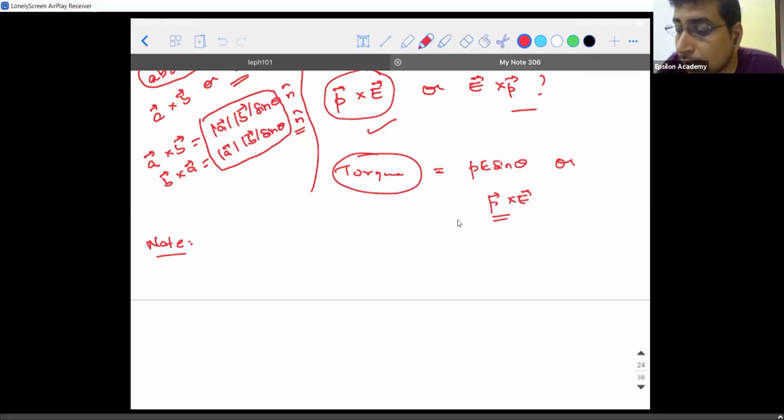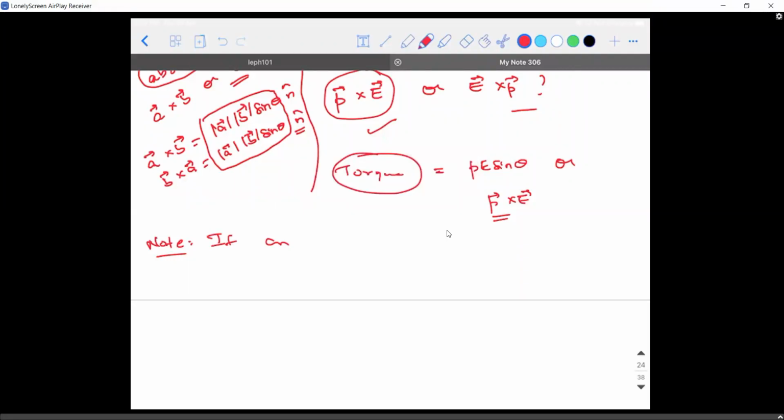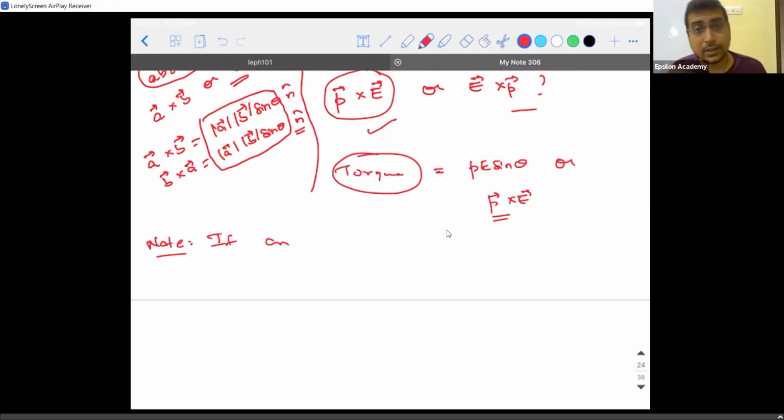Note: if an electric dipole is placed in a non-uniform electric field, what would have happened? It experiences, anybody? Translatory motion. It experiences rotational and translational motion. Perfect.